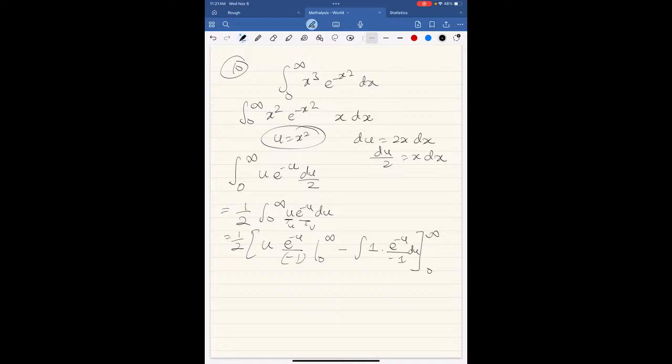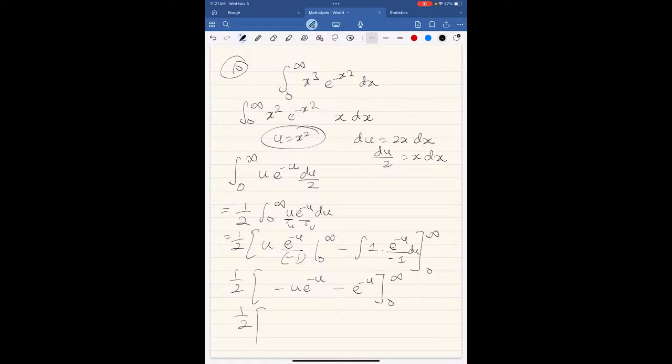Don't forget du over here, right? So this is 1 by 2. Now this is just minus u e to the power minus u, minus, the minus 1 is over here, and if we integrate this, another minus 1 will come, so they cancel out. This goes from 0 to infinity.